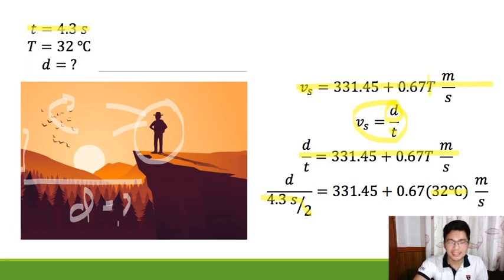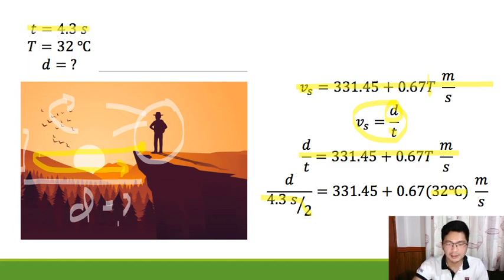So if that is the case class, yung 4.3 seconds ba is the time at which naabot nung sound wave yung mountain, yung rock face, or the time it took na yung sound from this point, pumunta dito, and then bumalik. So, yun, dun tayo sa pangalawa.